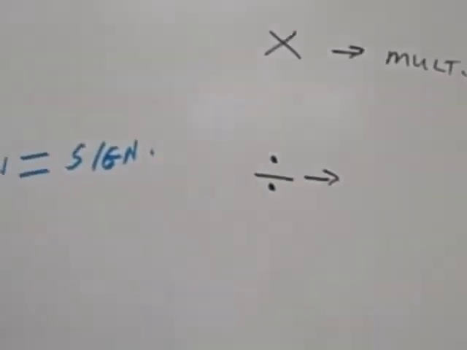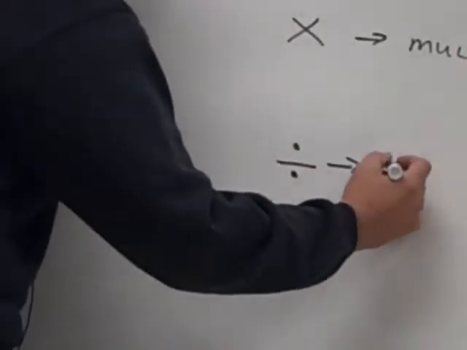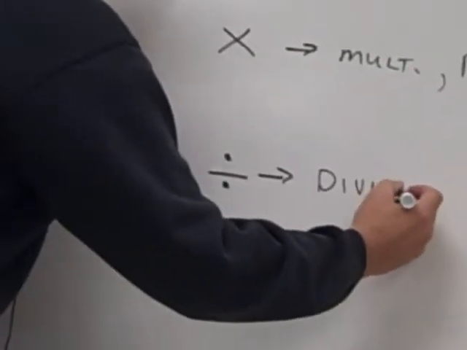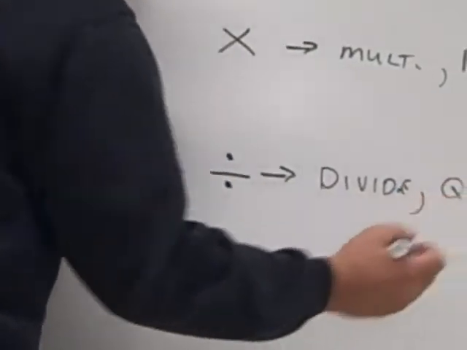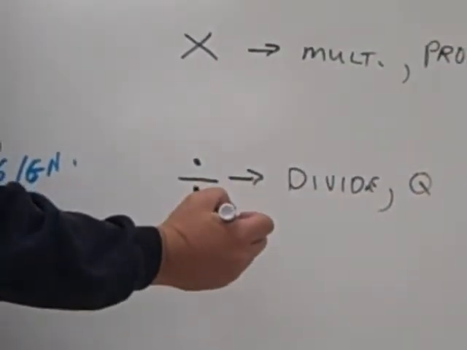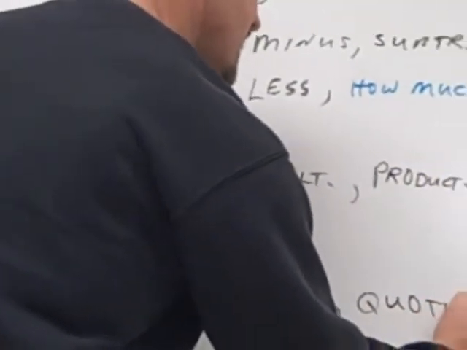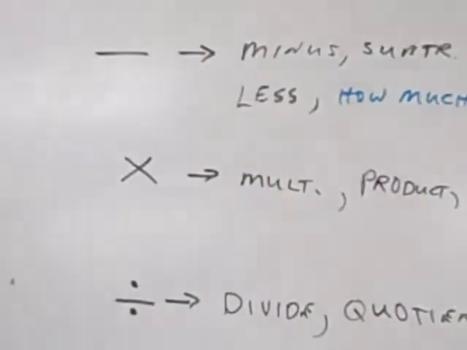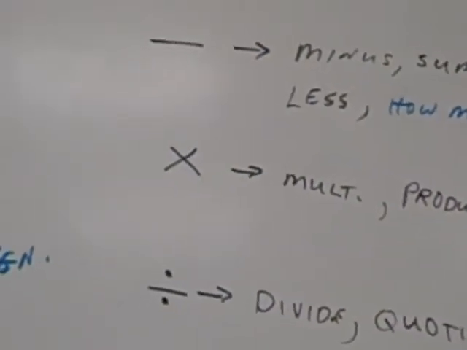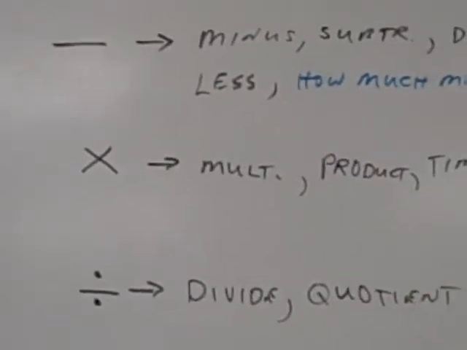Now divide. Quotient. Who was it over there? Julian, good job. Quotient. There you go. Dividend and divisor.